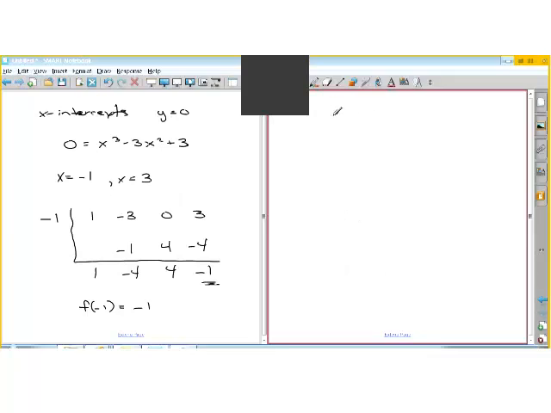And the next one is we'll pick x equals 3. So bring that down. 3 times 1 is 3. So you get 0. 3 times 0 is 0.